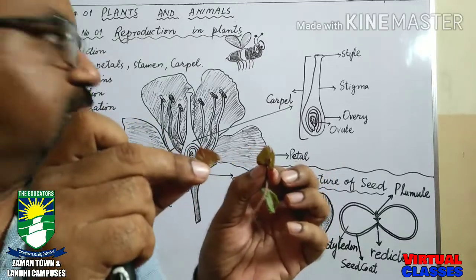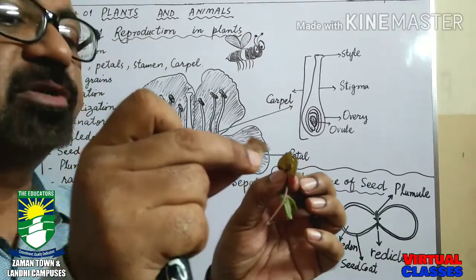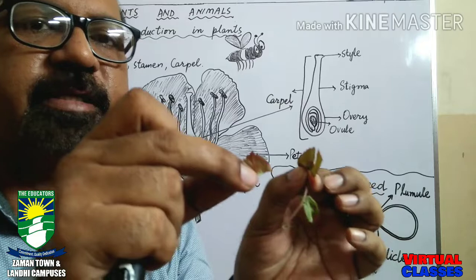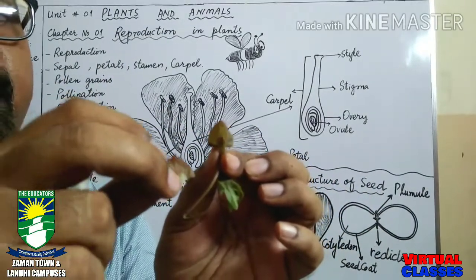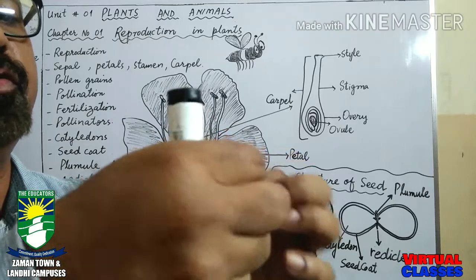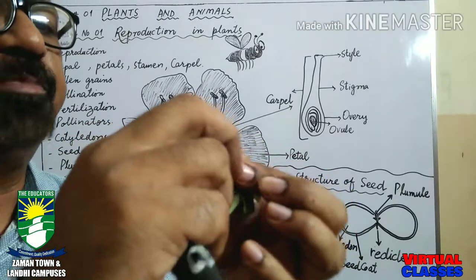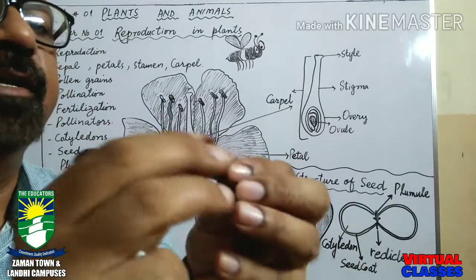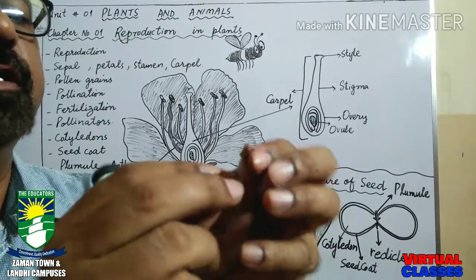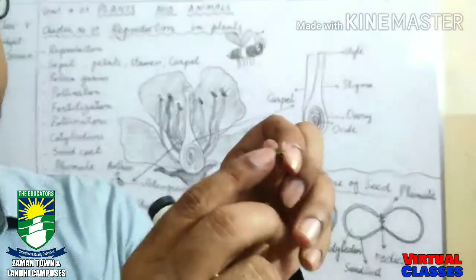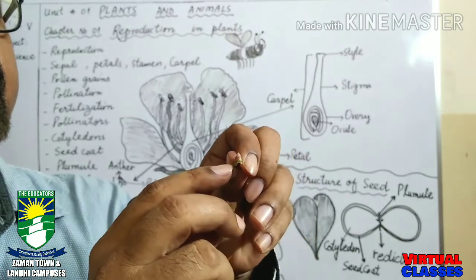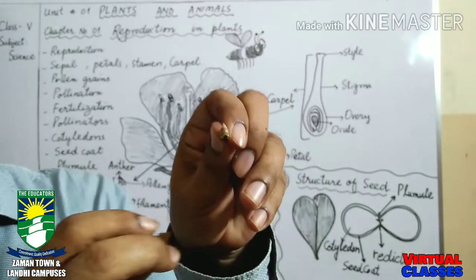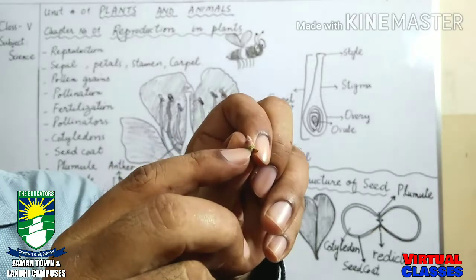This is called sepal. If I remove the sepals, see, this is called the bud. It will become a flower.